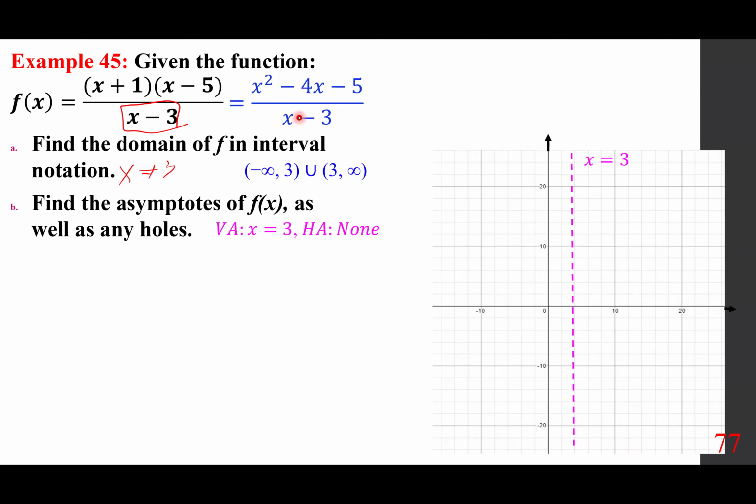Instead, we do have oblique or slant asymptote. So we divide the top by the bottom, and let's quickly do it by synthetic division. We have to put this in order. It is 1 minus 4 minus 5, and this is going to use +3 because it's x minus k. So you drop the 1.